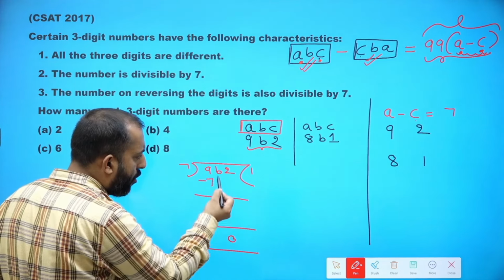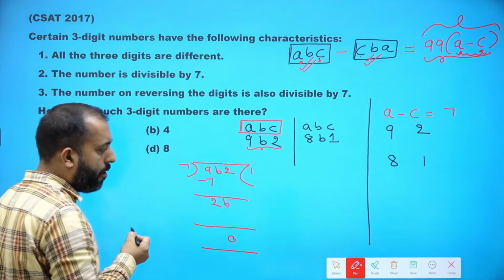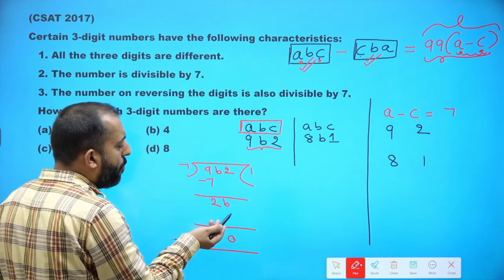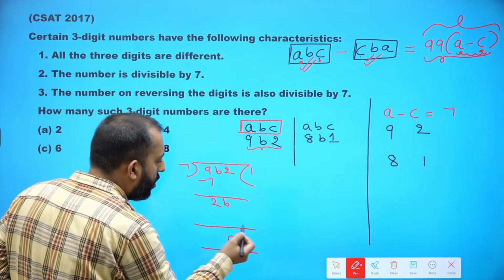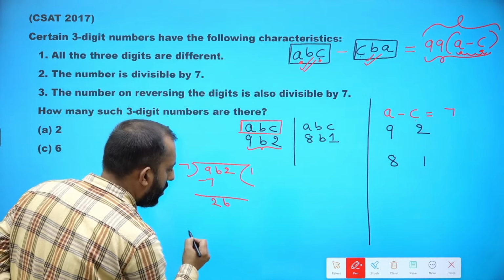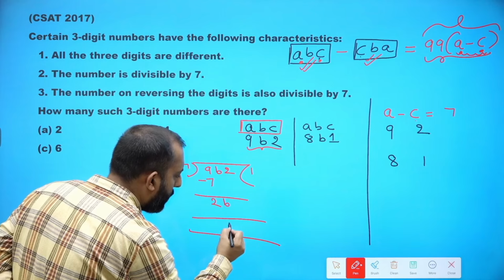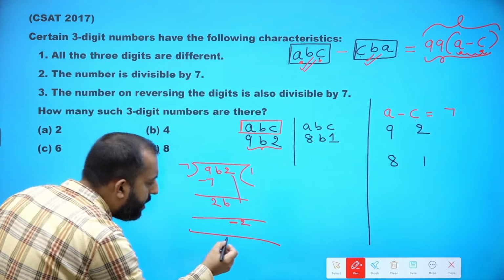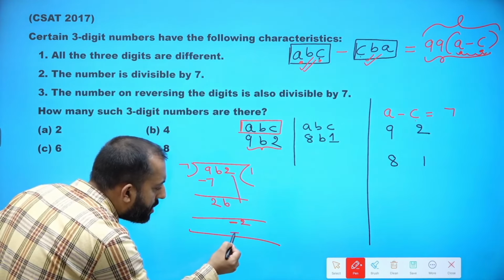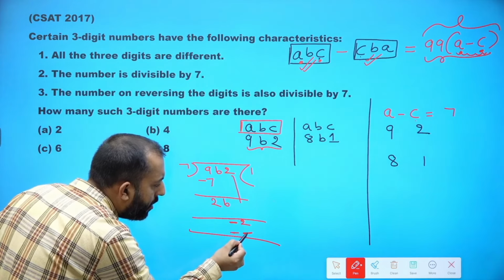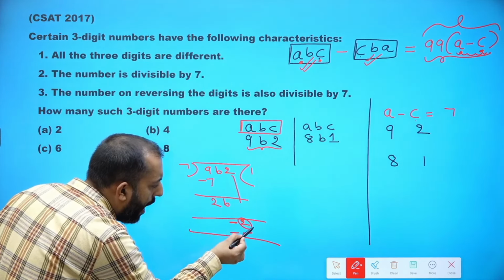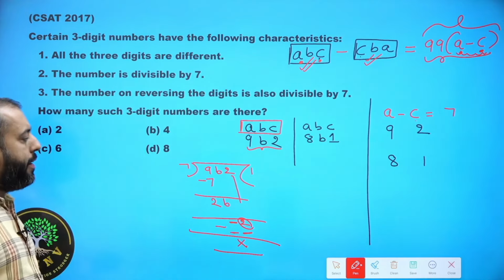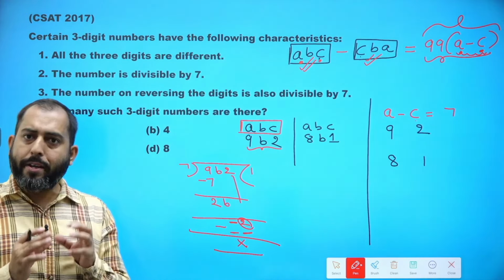From the above we can drop down B. Then 7, I don't know the value of B, so after it we will get something over here, and we will drop down 2, and finally we should write down such a value over here that ends with 2, and if we subtract these two values, the remainder should be 0.